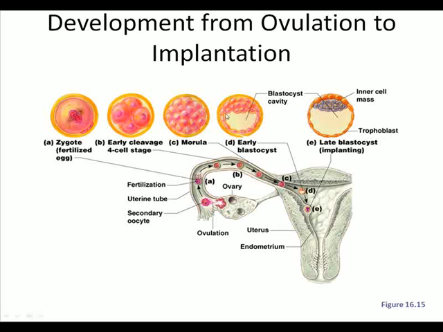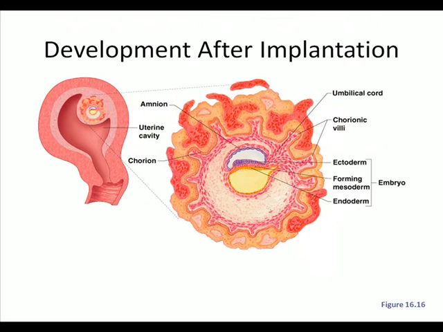But as it becomes a blastocyst, now you see the cells start to differentiate a little bit, in that genetically the DNA is the same, but the proteins being made in these cells are a little bit different, so that by the time you get to the late blastocyst and it's gotten into the uterus and maybe found a nice spot to implant, now the cells have changed enough that you have this outer trophoblast layer and this inner ball of cells, which is eventually going to become the embryo or the fetus.